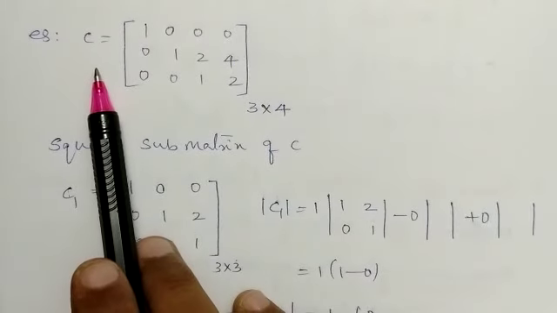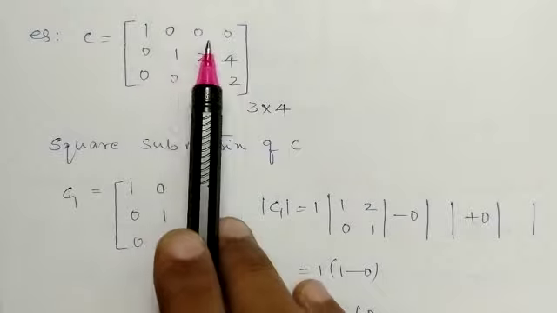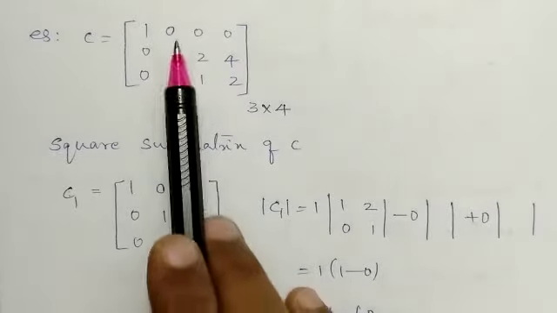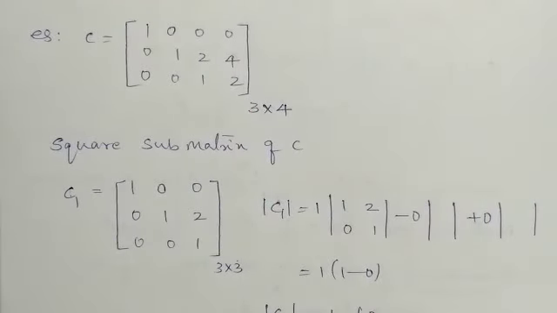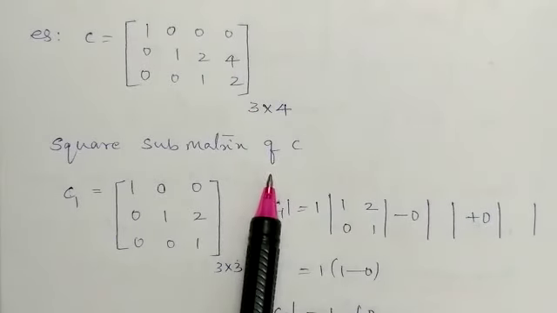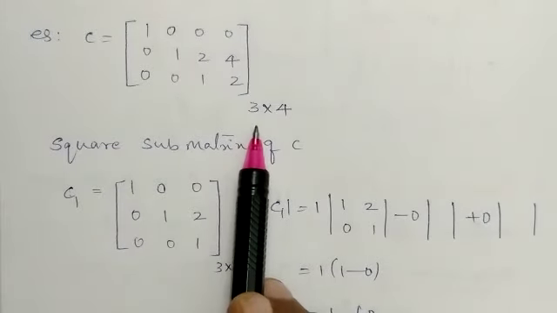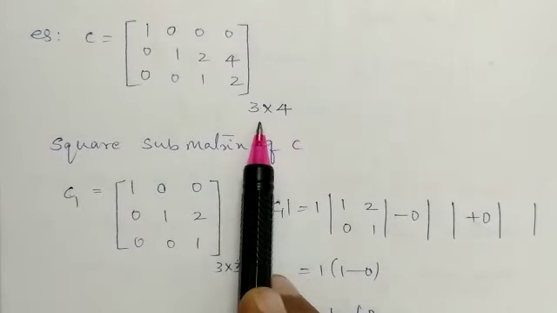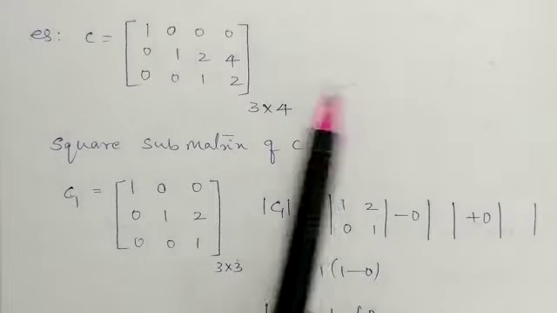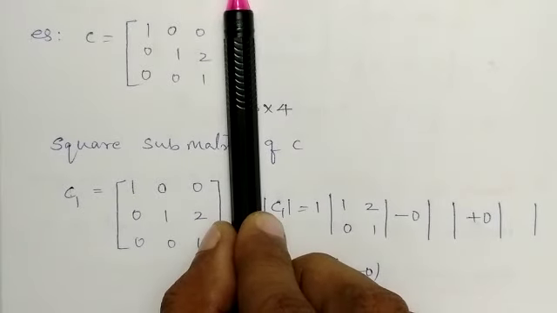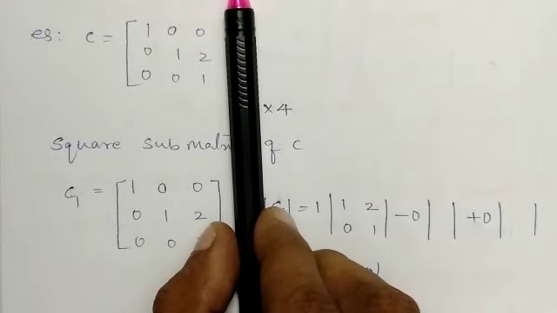There is a matrix C with 3 rows and 4 columns. What is the highest square submatrix we can form from this matrix? We cannot write a 4 by 4 square submatrix. The highest order square submatrix is 3 by 3, by deleting a column.